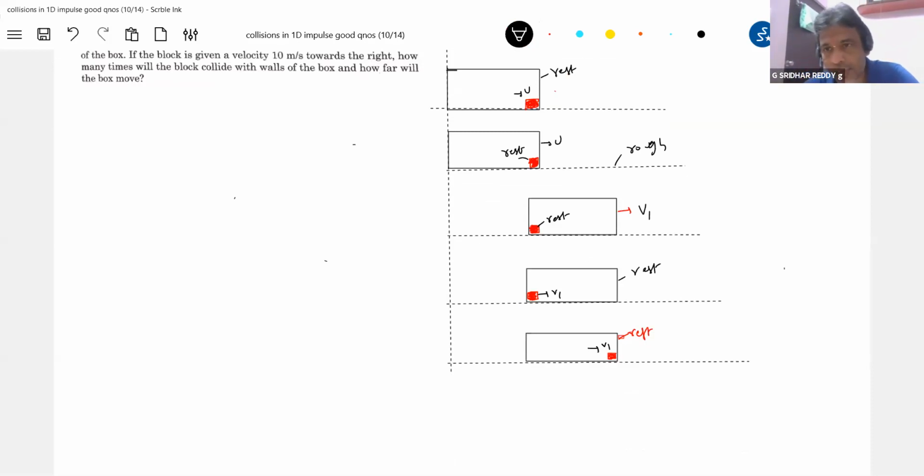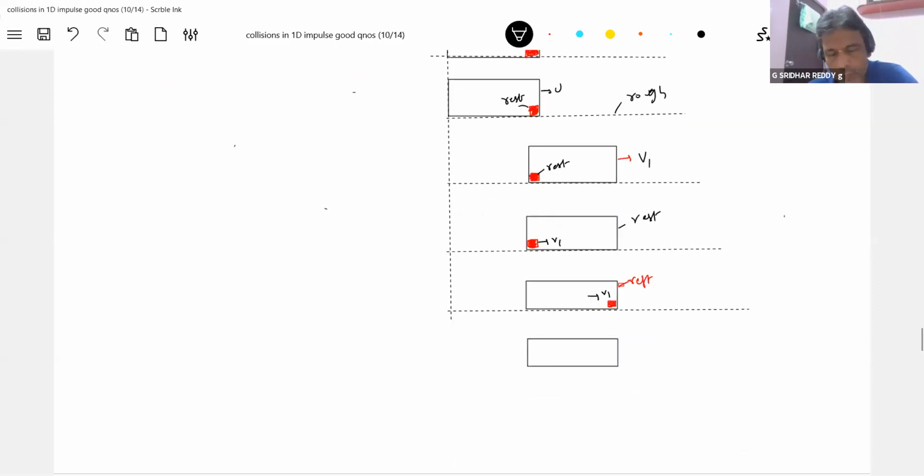Exchange of velocity occurs. So the block will give that velocity. This will be v1, and the block will be there only.